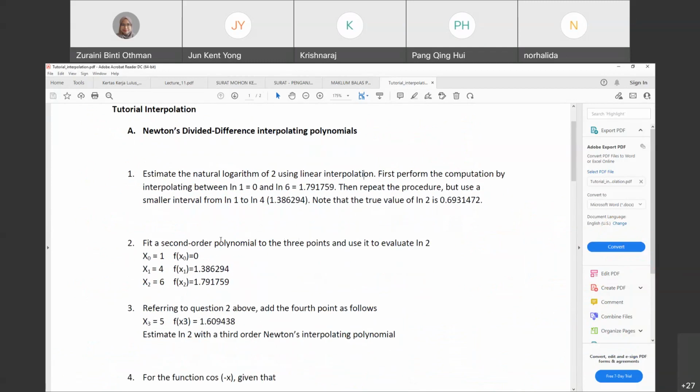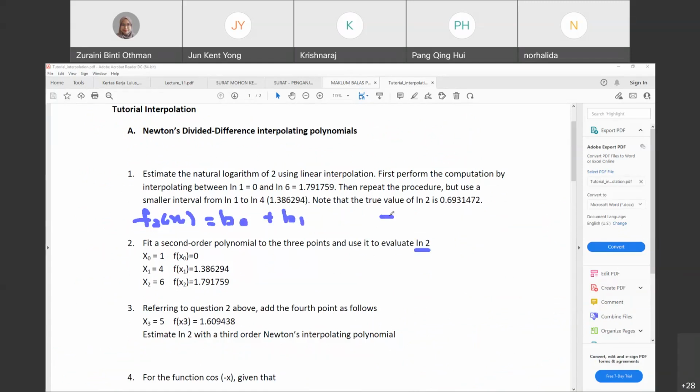Okay. This is second order polynomial. For second order polynomial, ni pun sama juga. Jadi dekat situ, kita kena tahu the f2(x). Okay, for f2(x), dia punya general form dulu. B0, mesti ada sampai B2.